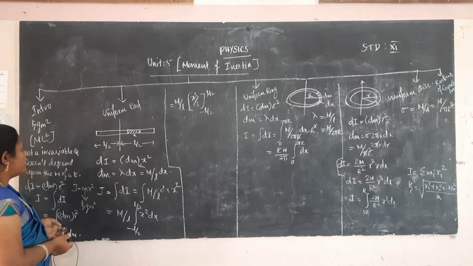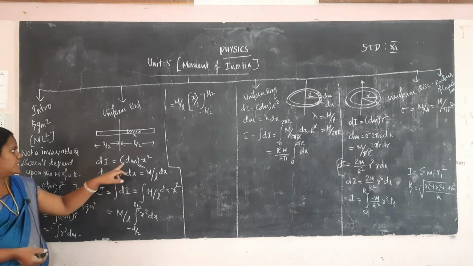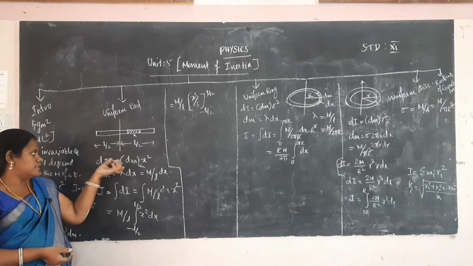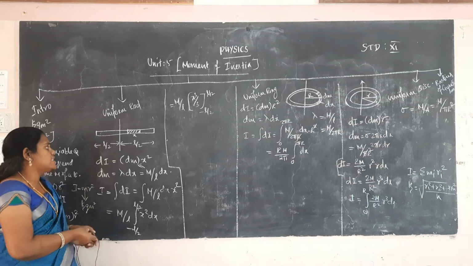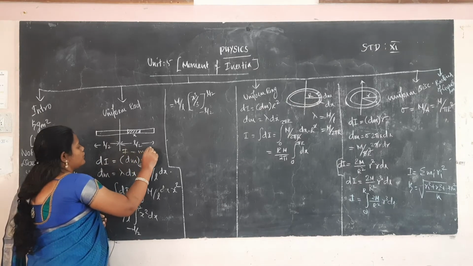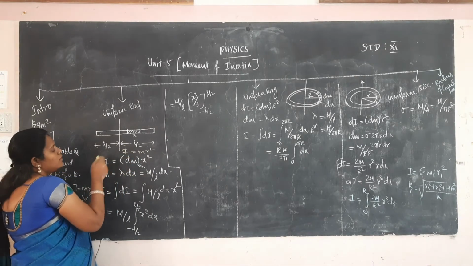We want to calculate the moment of inertia dI is equal to dm into x square. Actually I is equal to mr square is the formula, but we want to calculate dI, the small moment of inertia.